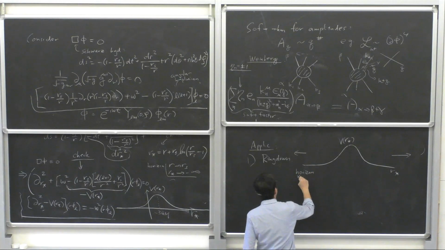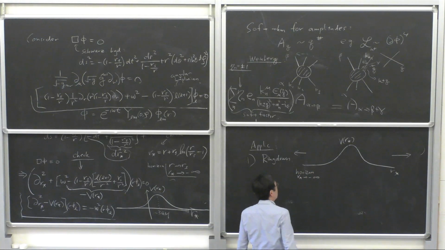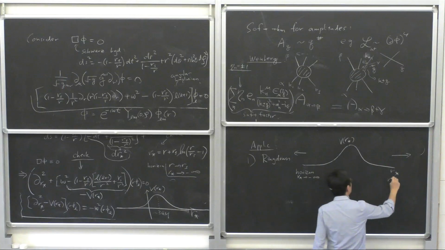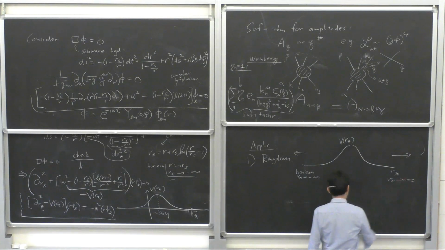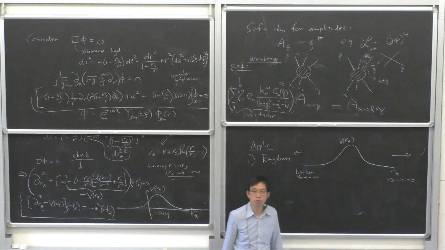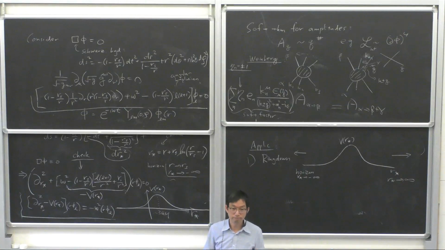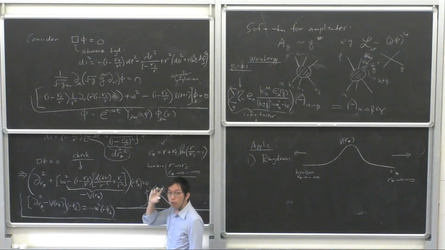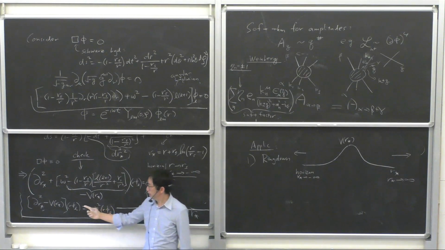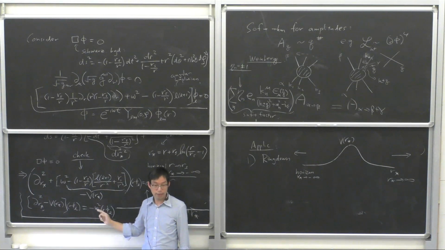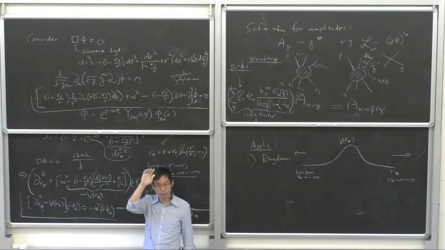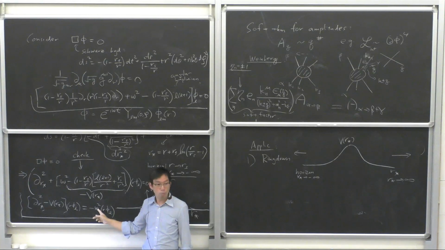Because this is R star going to negative infinity, and this is R star going to infinity, far away. If you impose these kinds of boundary conditions, you can check, based on your intuition about the Schrodinger equation, that these omega, the energy eigenvalues, are quantized. Only certain energy eigenvalues are allowed. Only certain omega are allowed.